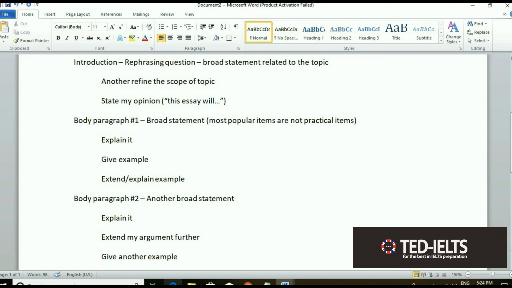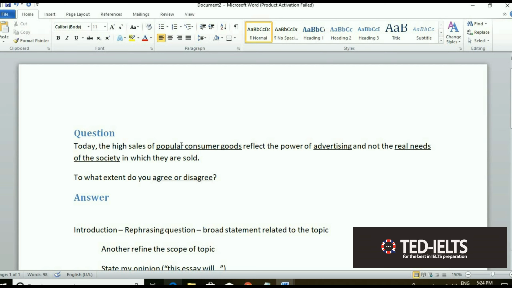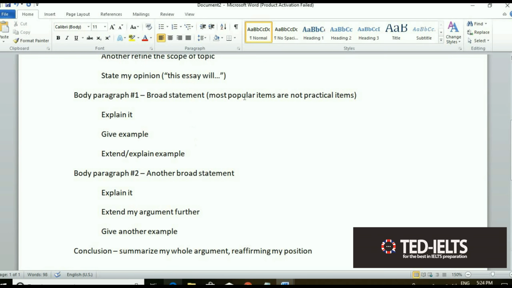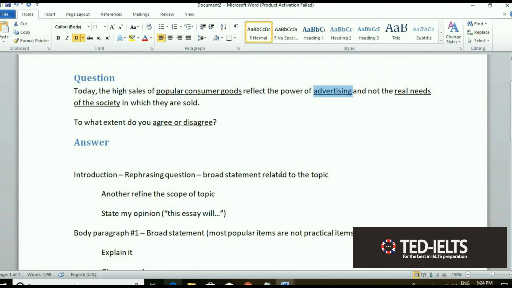So this is what I was mentioning up above, that consumer goods are more popular, they sell higher than the real needs of society. So I'm going to talk about that, and I'm going to explain it a little bit, relating how it comes about to the topic of advertising.